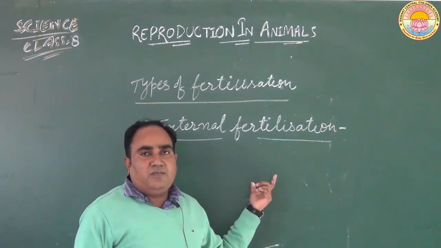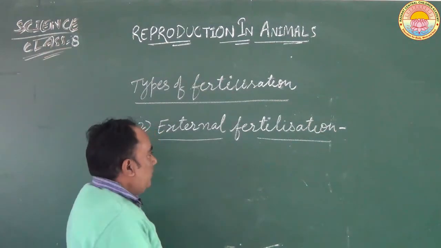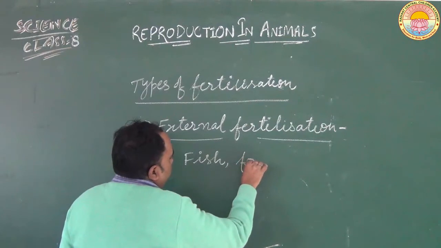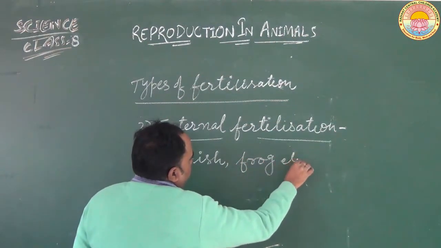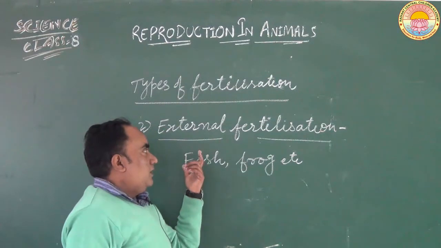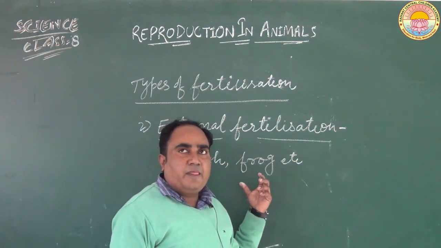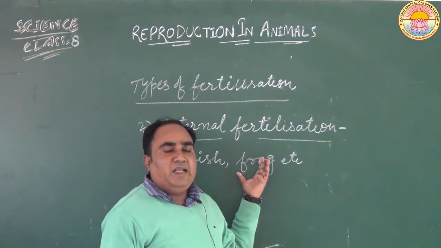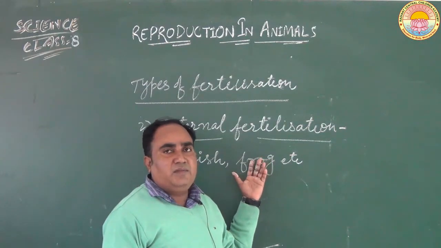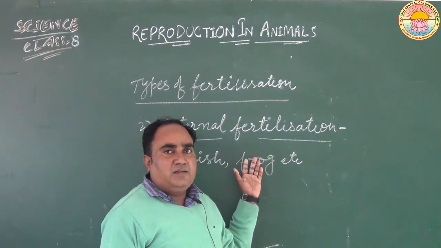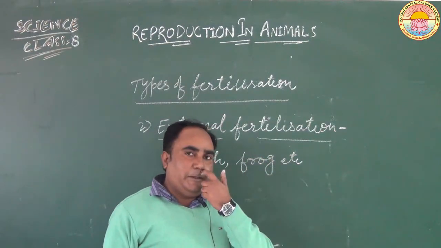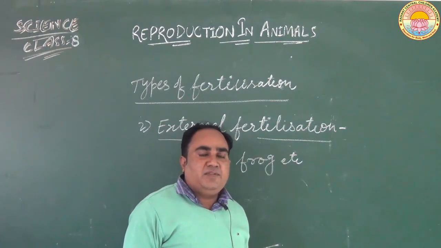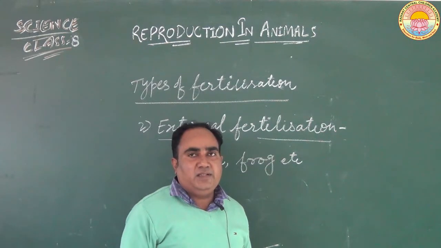This happens especially in fish, frog, etc. In this type of fertilization, there is no need for the male and female gametes to fuse inside the female body. Females lay eggs outside of their body, and in this way the fusion of male and female gametes takes place outside of their body.